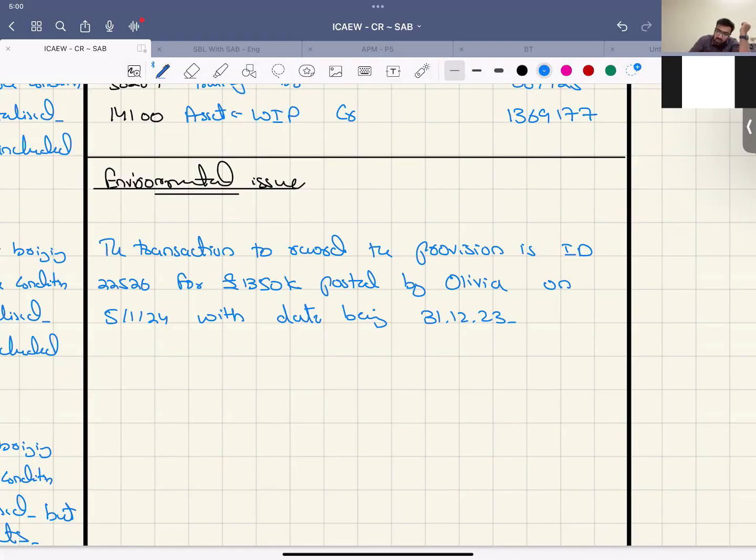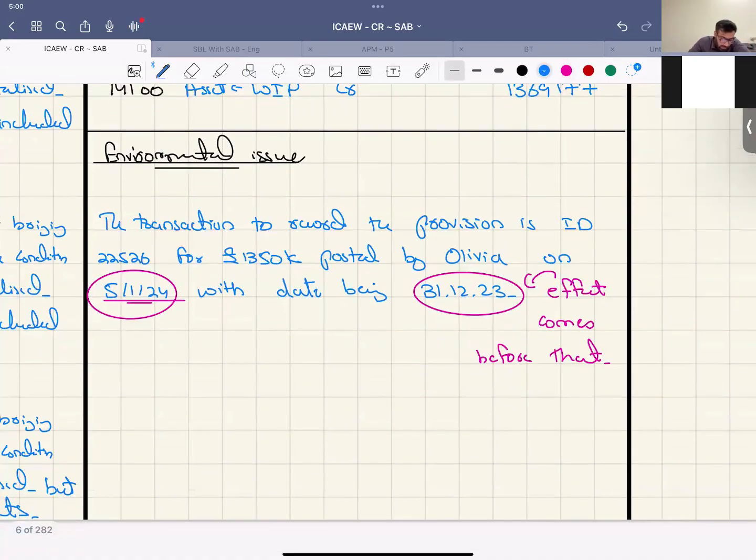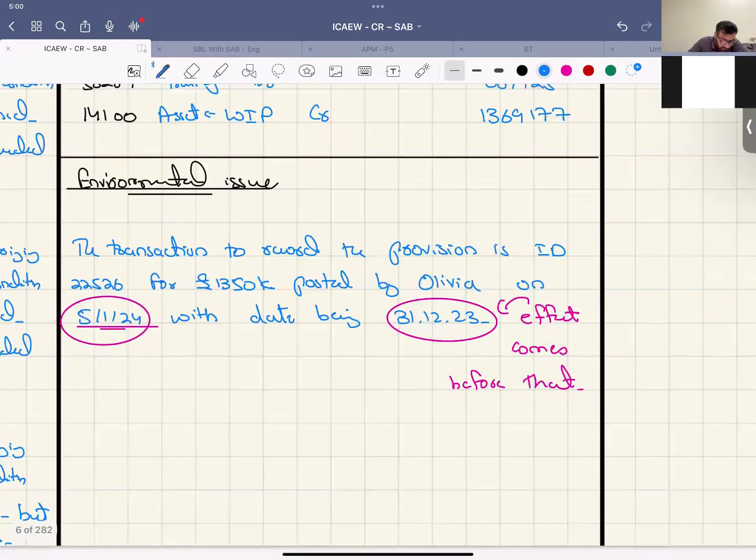What happens is we open the accounting period of 31st December 2023 and make the entry on this date, so the effect comes before that. A CFO approval is usually required to open the accounting period.